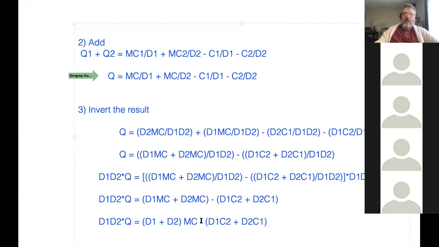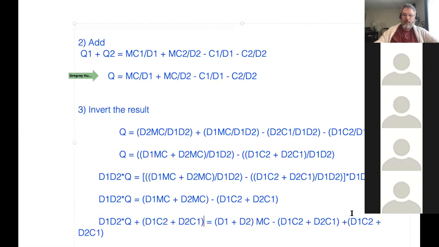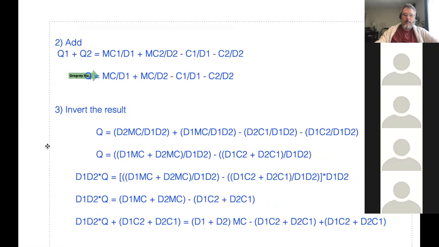And then what I'm going to do is add this constant term to both sides. I'll just, again, be really explicit so hopefully nobody gets confused. So I'm going to add that there, and I'm also going to add it here.